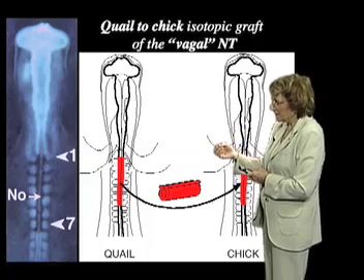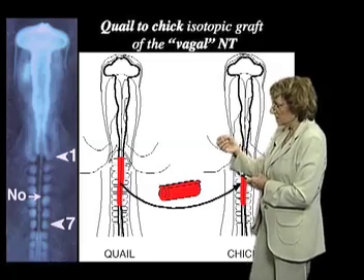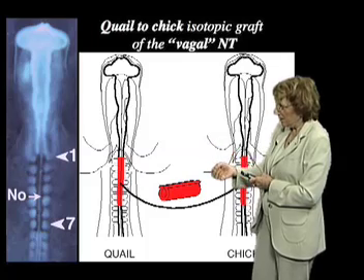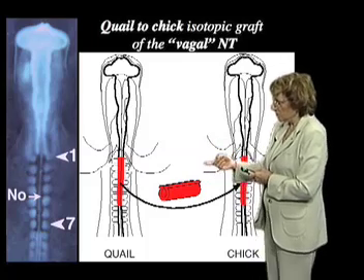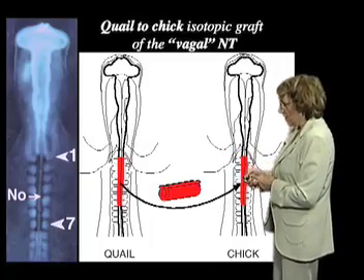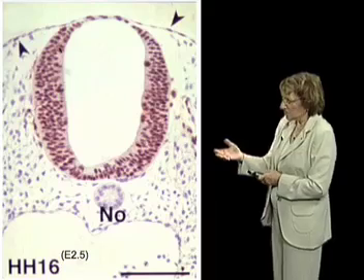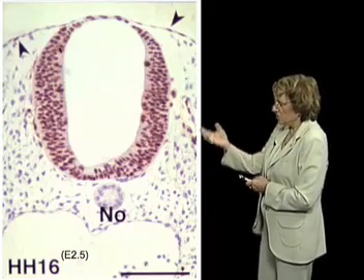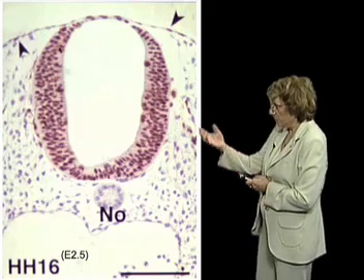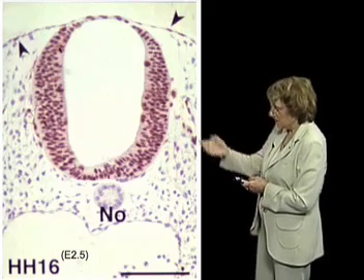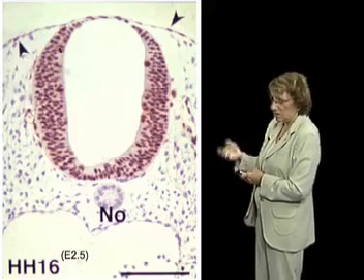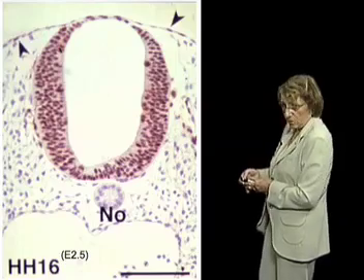You see on the right the experiments, which consist in taking a quail embryo exactly at the same stage, removing the same level of the neural tube, and the neural tube, which is red there, is implanted in the chick after. And you see the result of the experiment, in which the quail cells were evidenced by the QCPN antibody. You see how clean the experiment is and how well the neural tube which has been grafted is incorporated into the host.